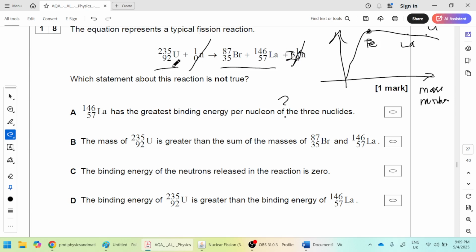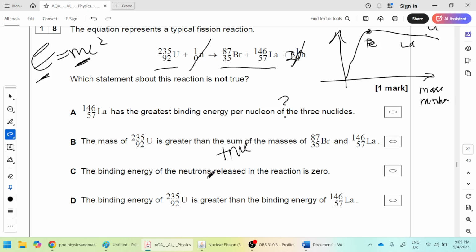I can see that uranium is almost equal to the sum. We know that there's some energy loss here, some delta M, because like discussed in the earlier question, mc square, that delta M is what causes the energy to be released. Mass turns into energy. So the mass of uranium is approximately equal to the mass of this plus the mass of this plus the mass of two neutrons. So this is true for sure.